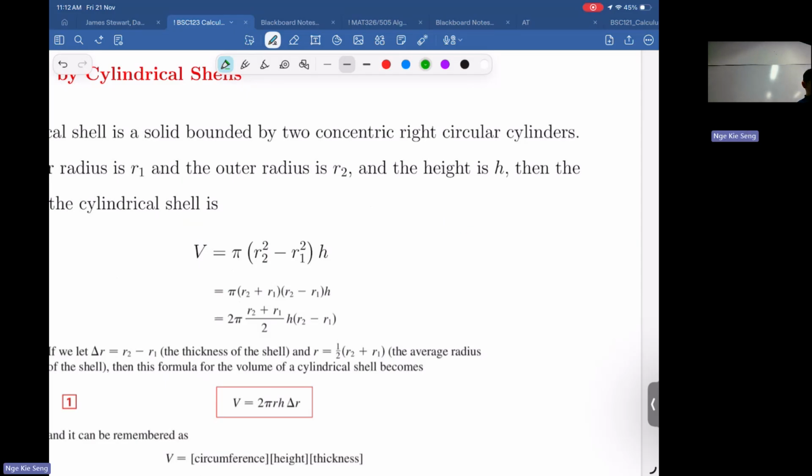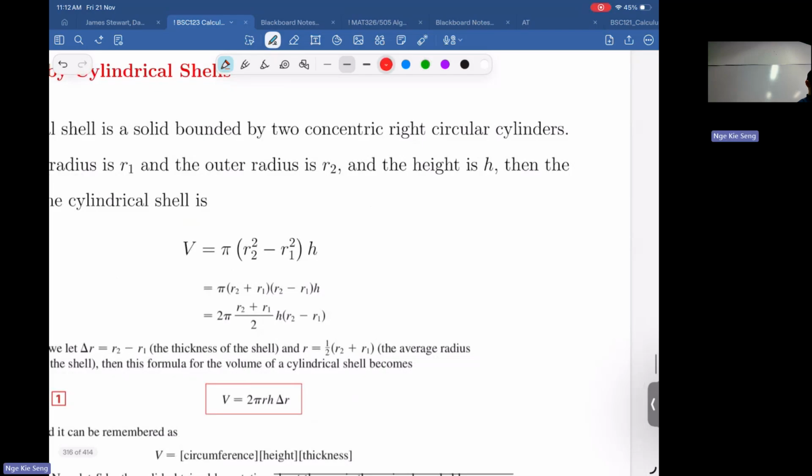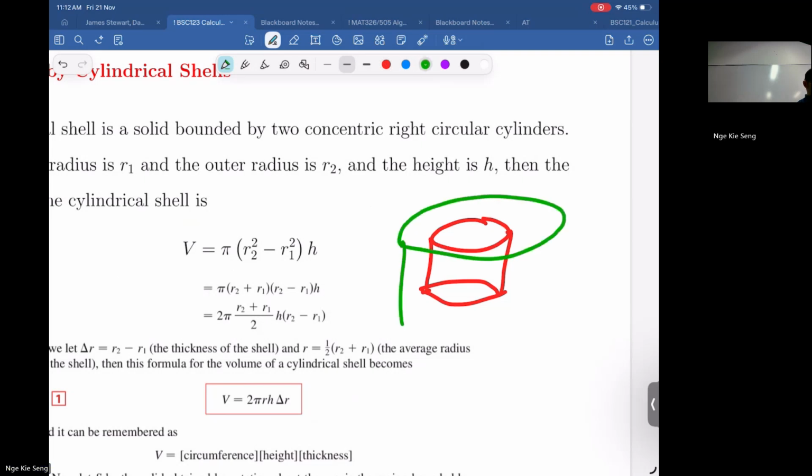Does this make sense? Let's say this is your shell, and the inner radius is r1, which is the one that you take away, and the outer one is r2.